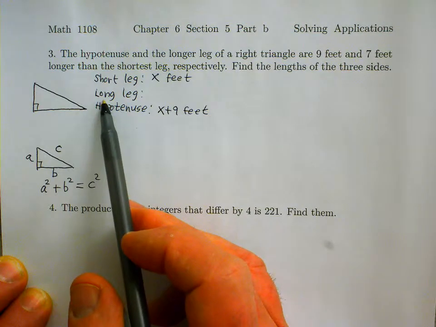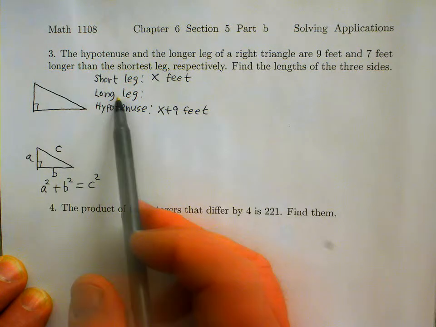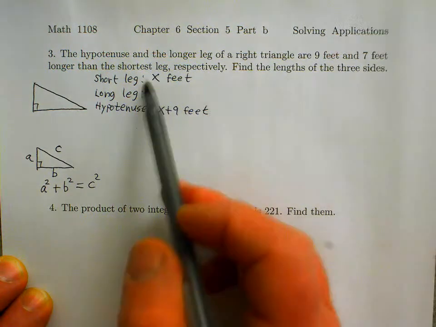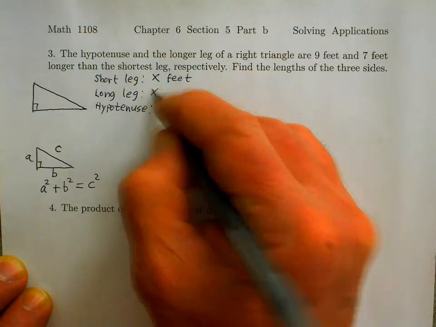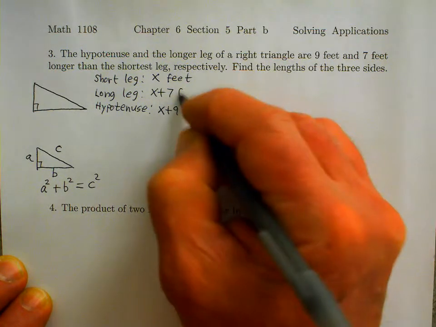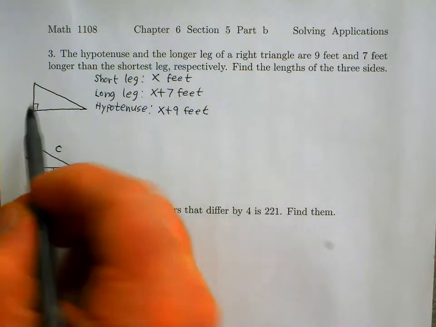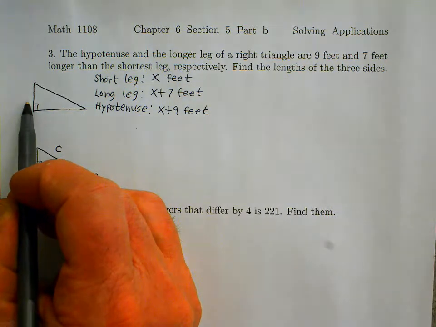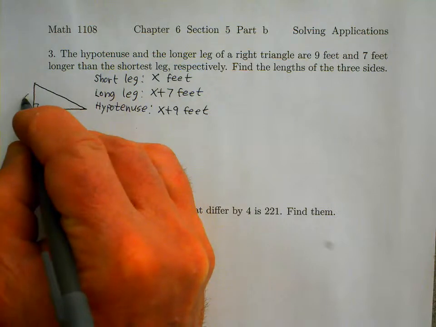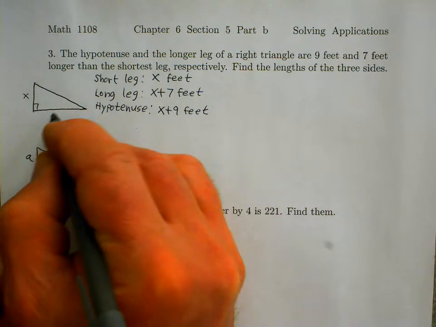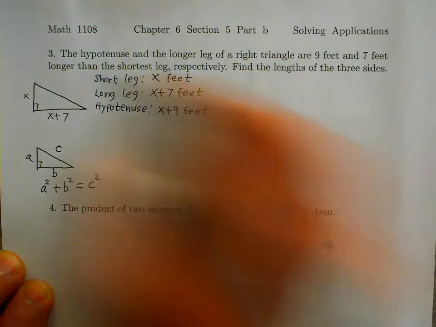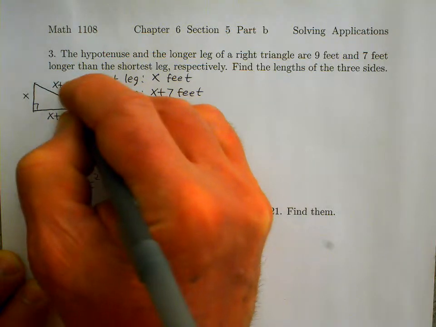And the long leg is 7 feet longer than the short leg, so x plus 7 feet represents the length of the longer leg. If you want to label the drawing, you could say the short leg is x, the longer leg is x plus 7, and the hypotenuse is x plus 9.